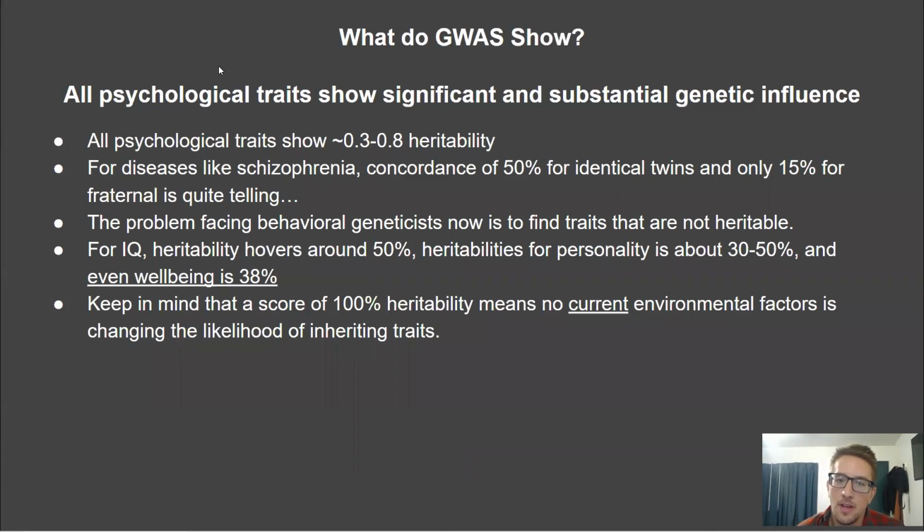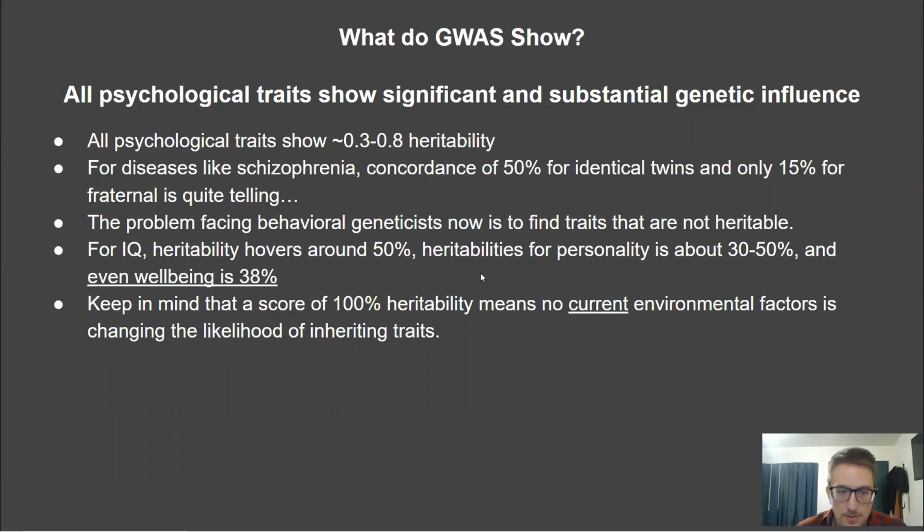And we know this because in simple twin studies, we see all the time that identical twins are more similar than fraternal twins. And it's not because of the environment. Even in diseases like schizophrenia, we see a higher concordance in identical twins than fraternal.